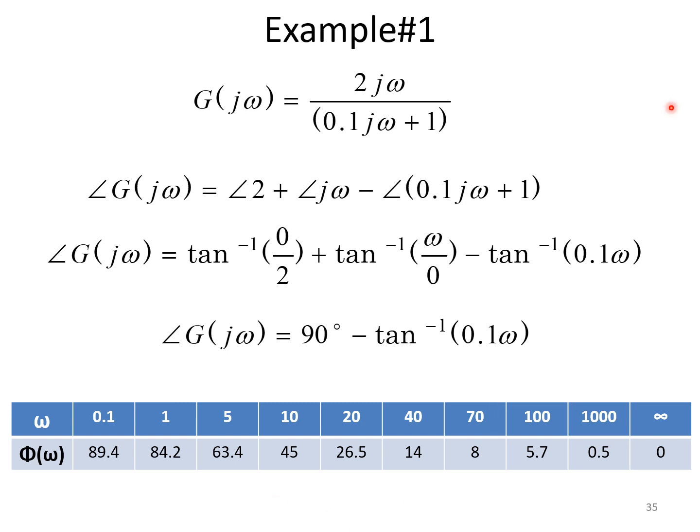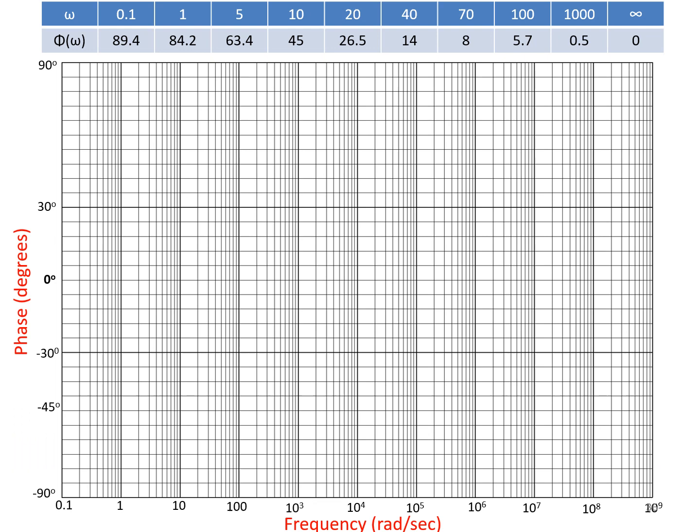Now let's plot the phase value of this open loop transfer function using a similar graph sheet. First list out all the points: for 0.1 it is 89.4, for 1 it is 84.2, then 63.4, 45, 26.5, 14, 8, 5.7 and 0.5.